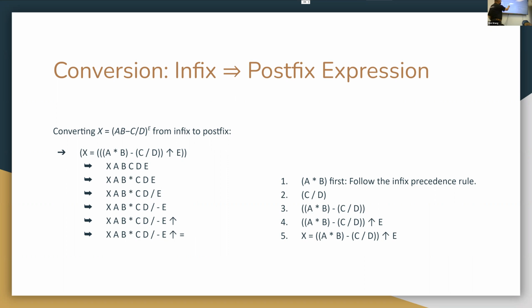The exponential operates with everything that comes before that, this evaluation and the E. So it's all this: A times B minus C divided by D, and then to the power of E. And then all that value gets assigned to X.